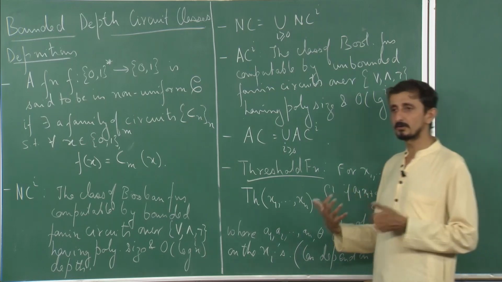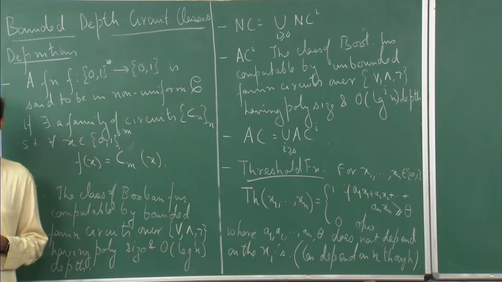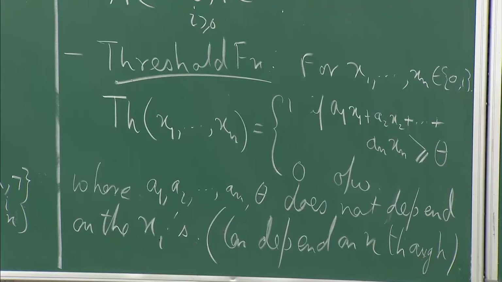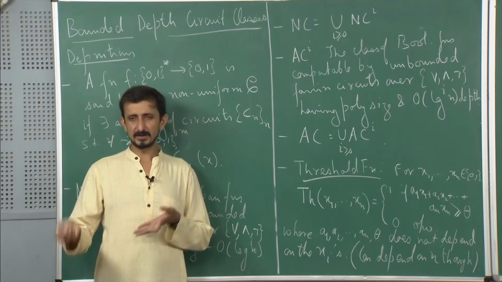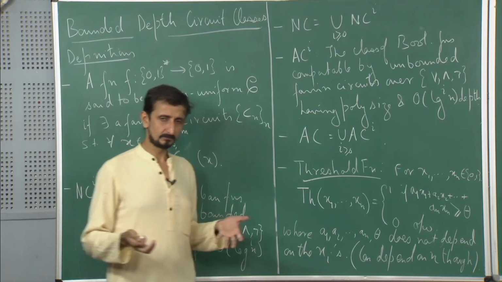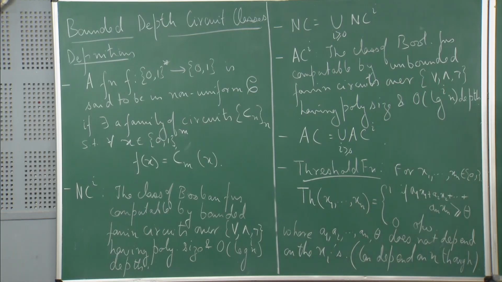They are constants because they do not depend on the specific input, they do not depend on the x's, right, but they can actually change with n. So, maybe for n equal to 1 you have some a1 and some theta, for n equal to 2 you can have a different set and so on, but for the respective x's they do not change. Okay. So, they are constants for a fixed n.